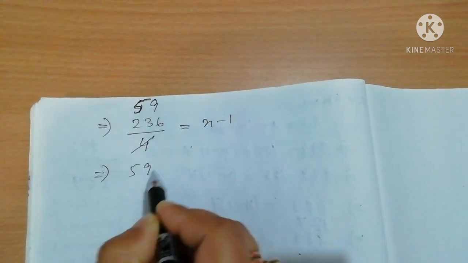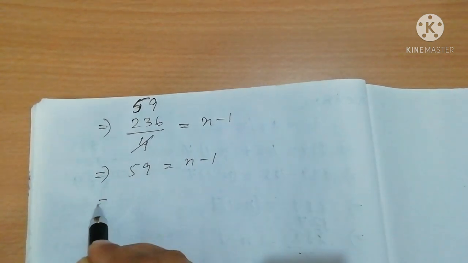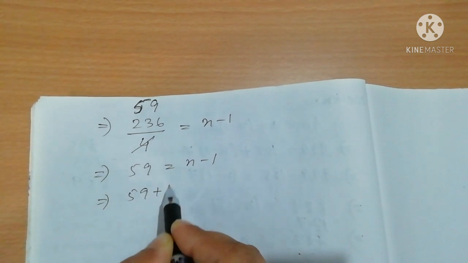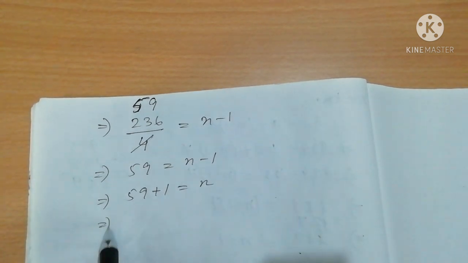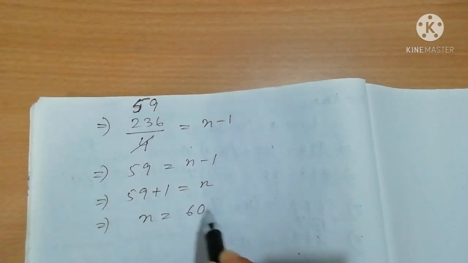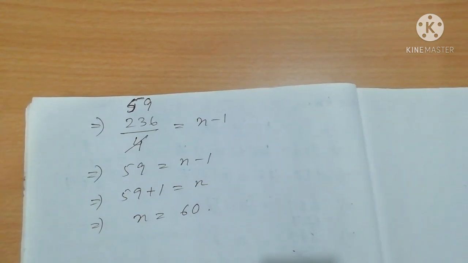So 59 equals n minus 1. 59 plus 1 is equal to n. N equals 60. So n we got as 60.